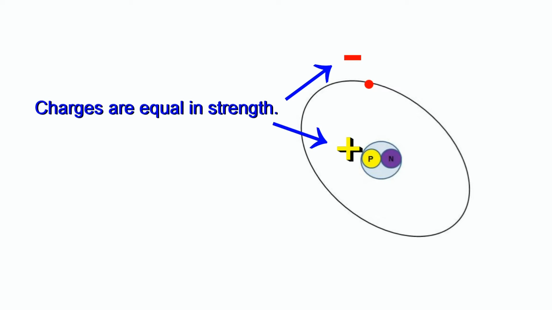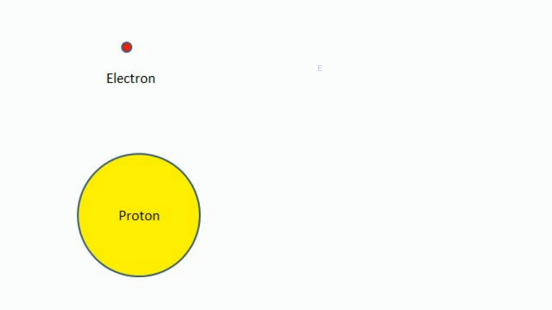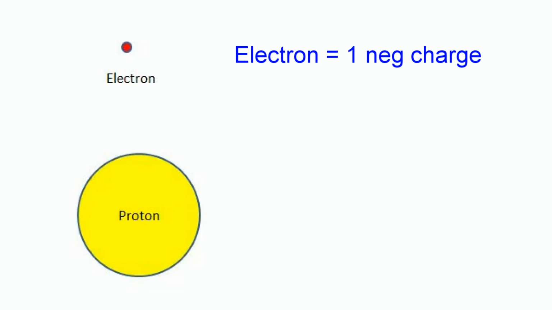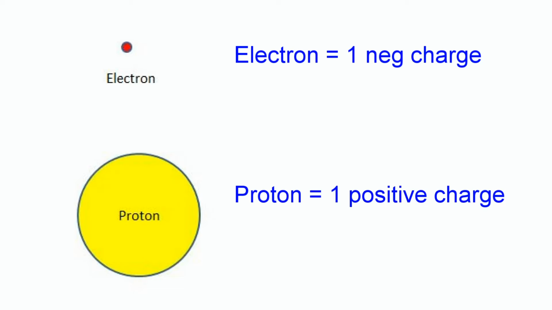Because these charges are equal, we can talk about them in a more simplified way. We can refer to the charge of the electron as one negative charge, and we can refer to the charge of the proton as one positive charge.